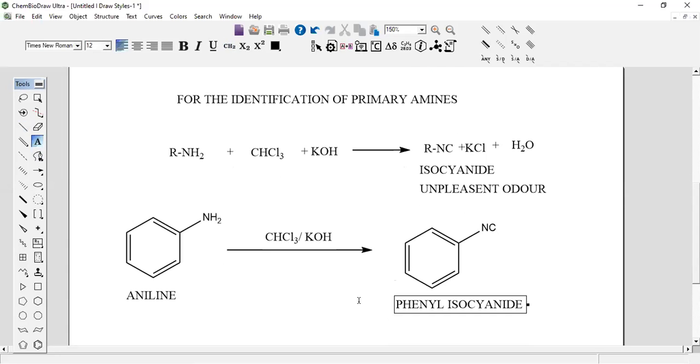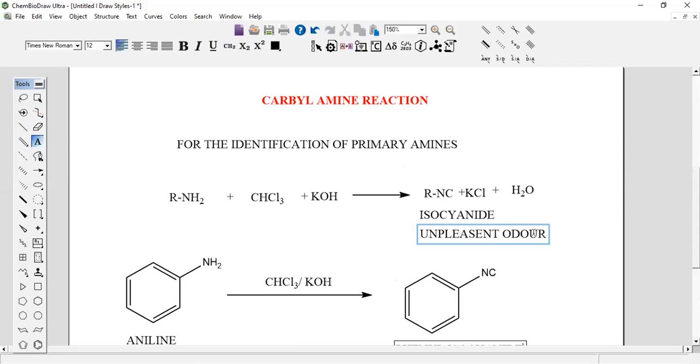This is called the carbylamine reaction. What is the carbylamine reaction? The carbylamine reaction is used for the identification of primary amines. So only the primary amines will give the carbylamine test.